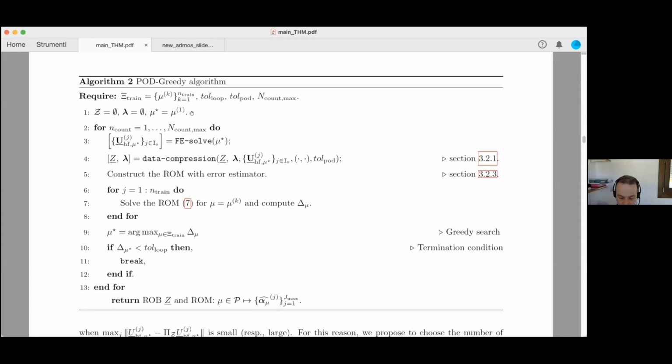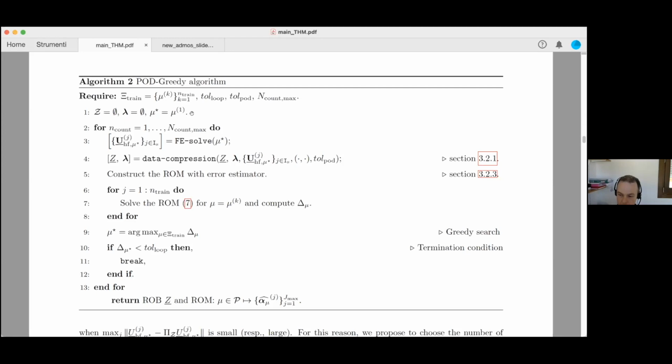So answering the question, it is a bit different, because in the data compression step we have snapshots at different time steps, while in the error indicator step we are only talking about parameters.